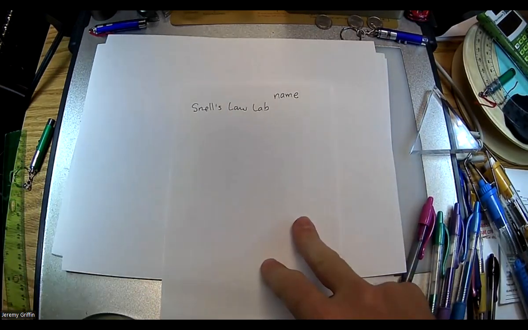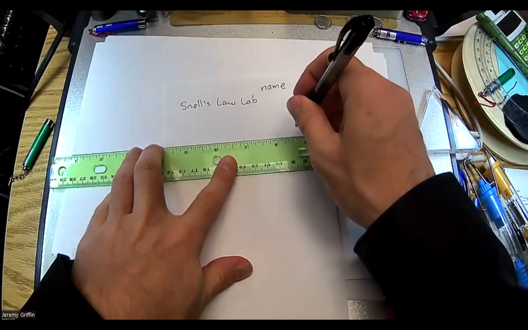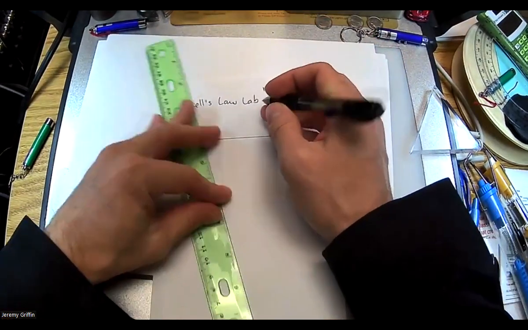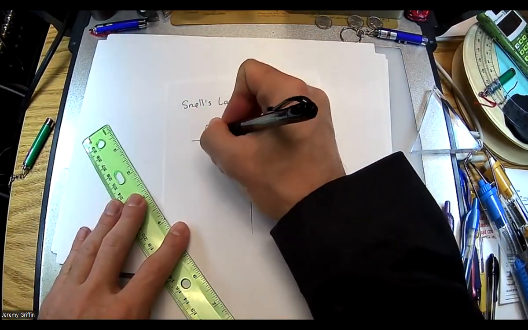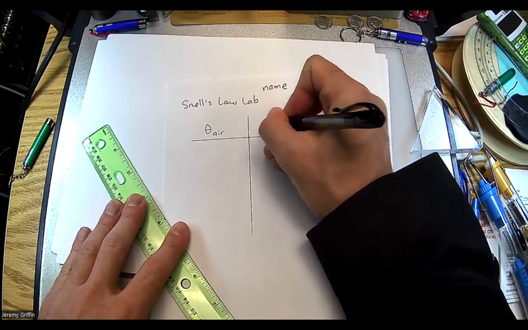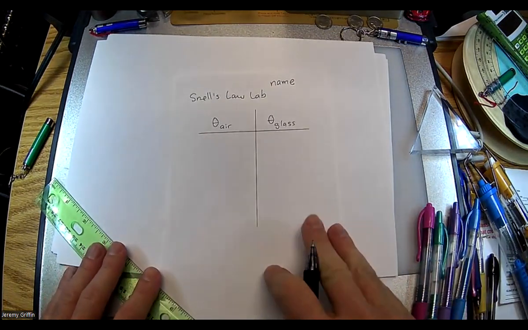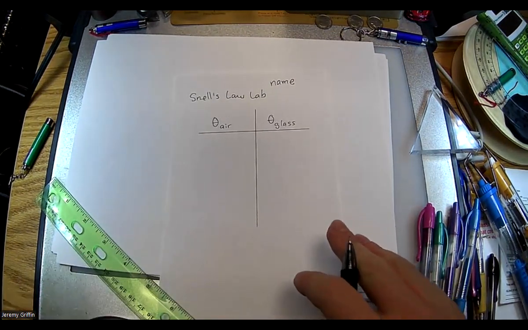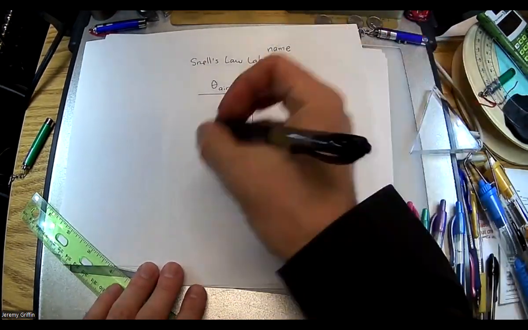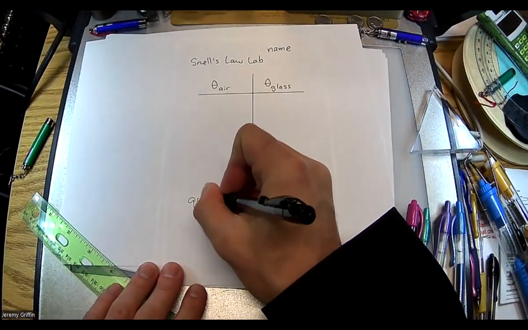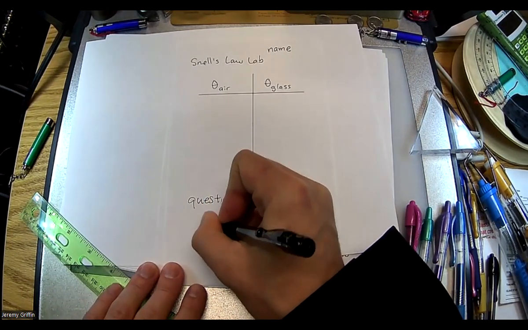While I'm on this page, let's make a table: theta on the side of the air versus theta on the side of the glass. We'll take the index of refraction of air to be exactly 1, which is extremely close. Do three different sets of measurements, and then here are the questions.